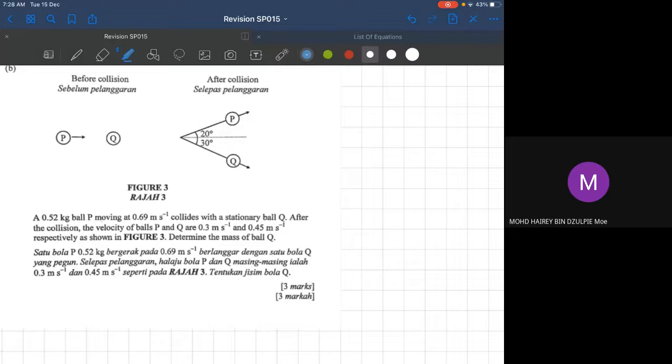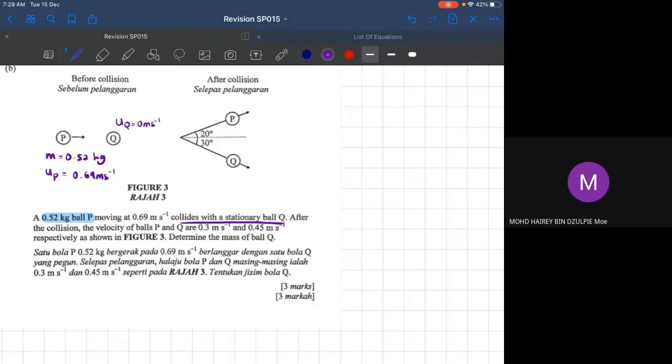Okay, so a 0.52 kg ball. So kita ada ball P di mana berat dia adalah 0.52 kg. And then dia cakap moving with a speed of, so Miss tulis lah UP, initial velocity dia adalah 0.69 m s negative 1. Collides with a stationary ball Q. So dia kasih kita kat sini UQ is equals to 0, okay.